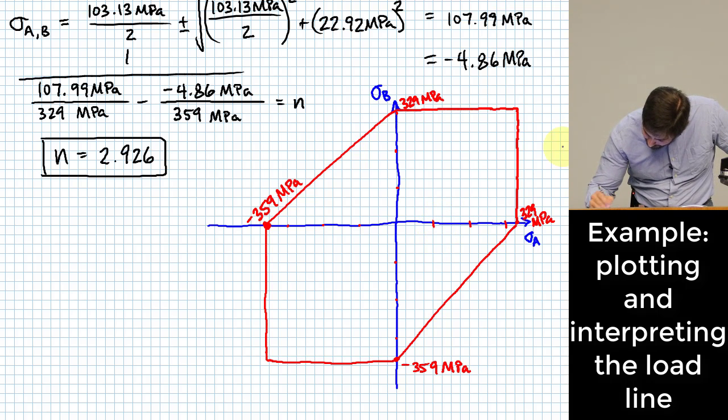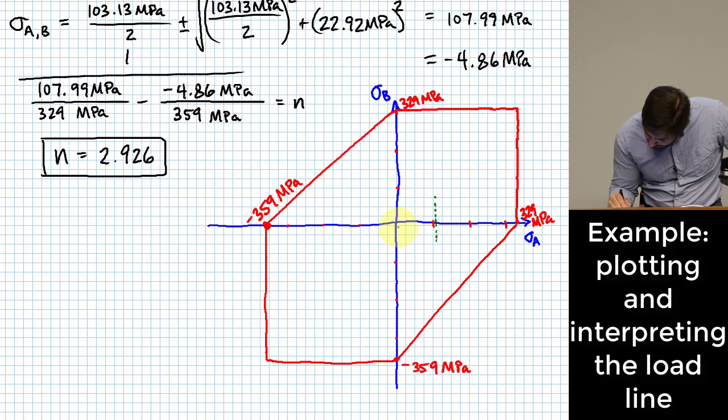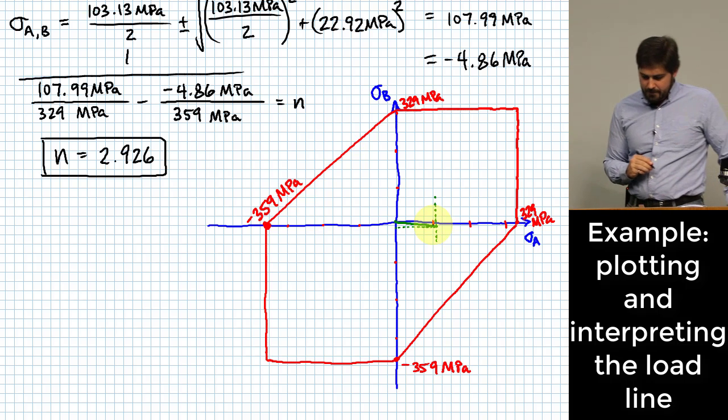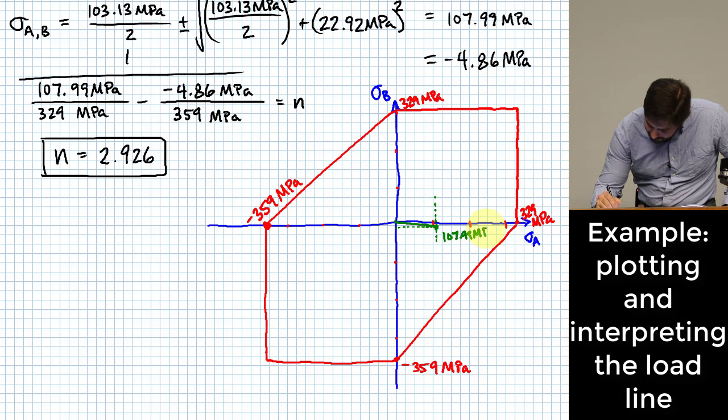So I'll plot that roughly here and roughly here, and that would be at 107.99 megapascals and negative 4.86.